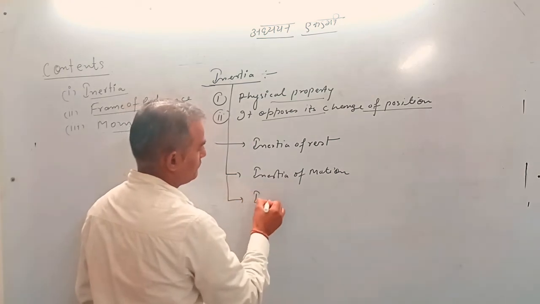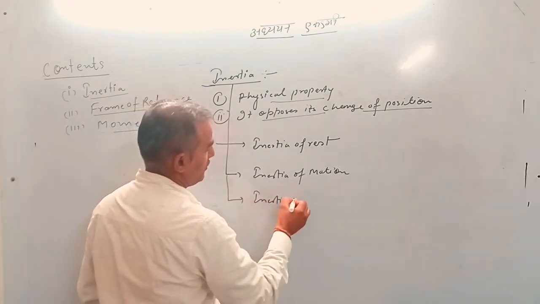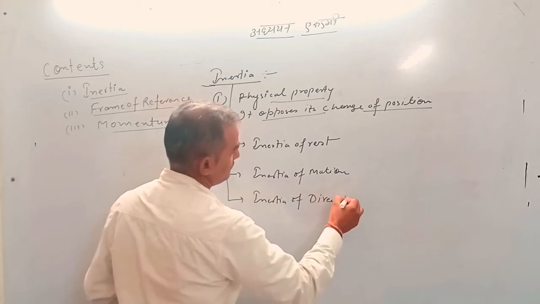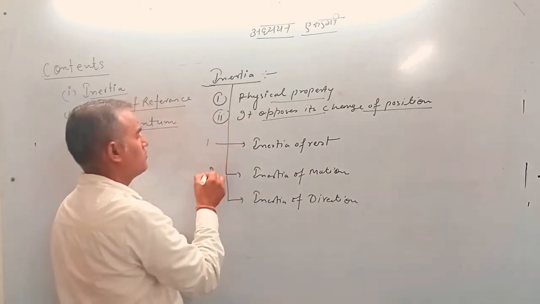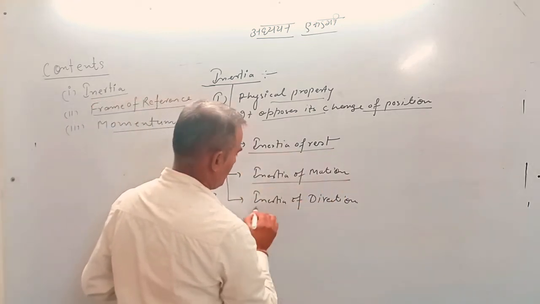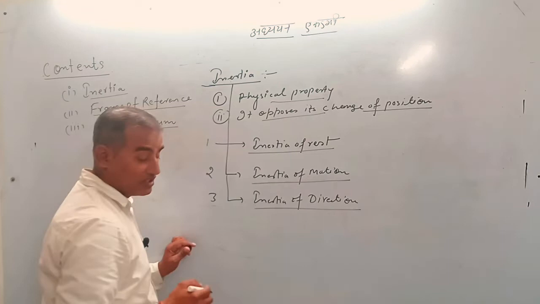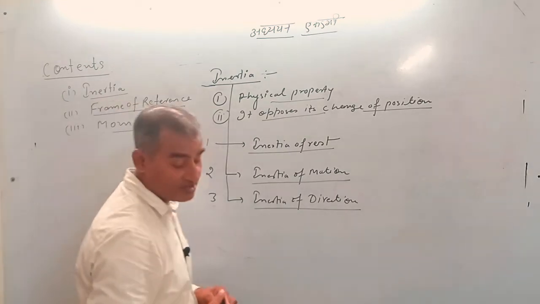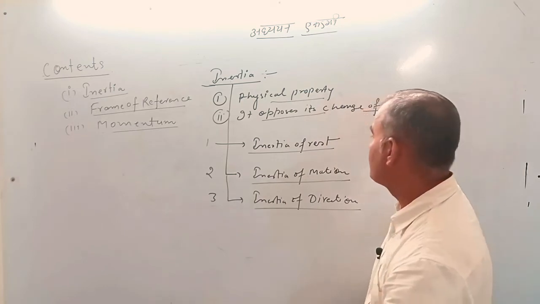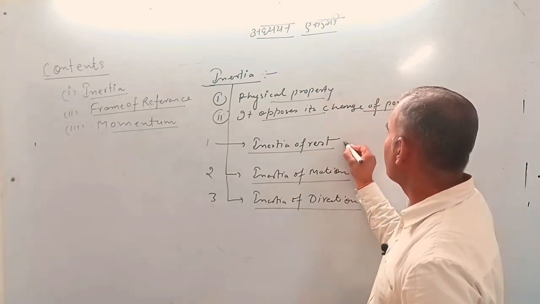Number 3, inertia of direction. Inertia of rest, inertia of motion, inertia of direction. There are 3 kinds of inertia. First, inertia of rest. What is inertia of rest?